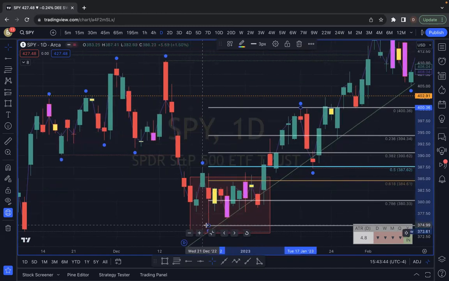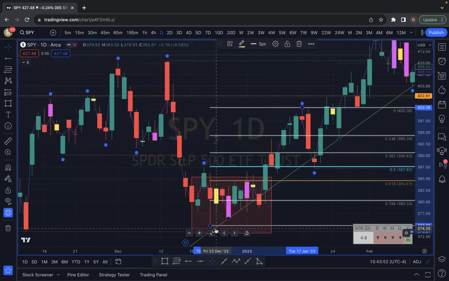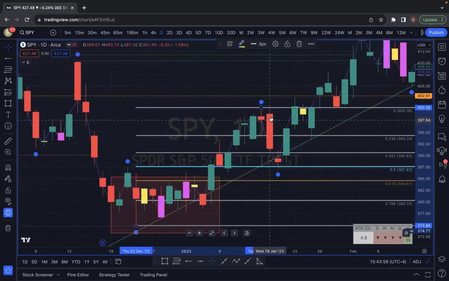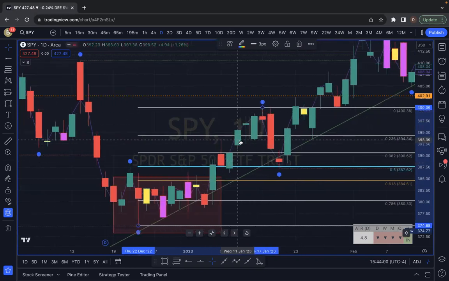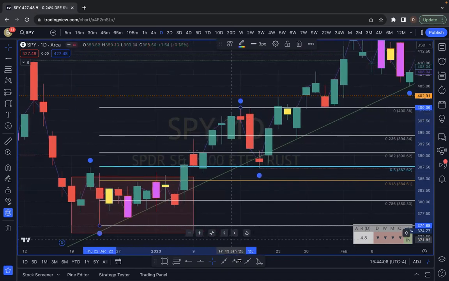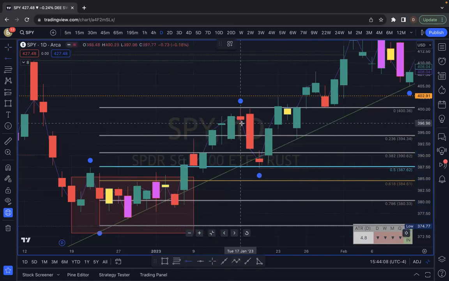For me, I picked this swing low. This was the most reactive swing point. I drew it from the bottom of here to the top of this swing high. We saw signs of a reversal. We had 1, 2, 3, 4 2-ups, 4 green days. We got our first sign of a reversal, so I would be thinking puts.